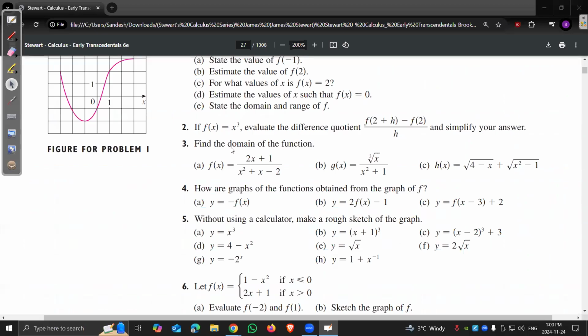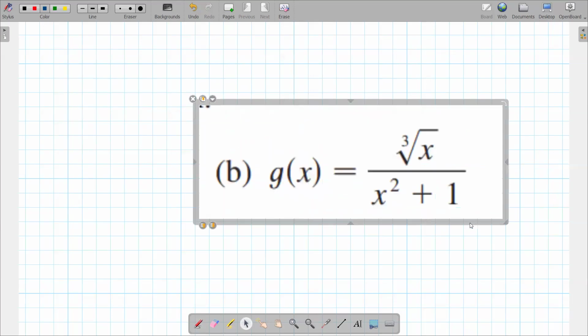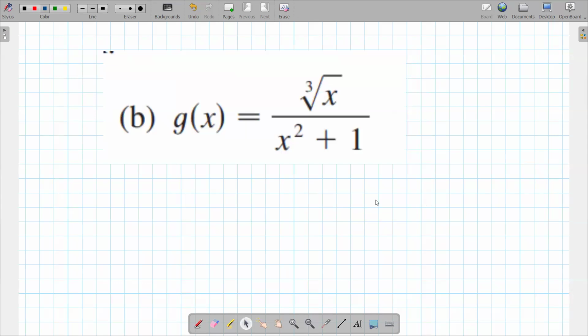What about this one? Last one for the day. What value of x would make that denominator 0? If any. Is there any value of x that would make that denominator 0?